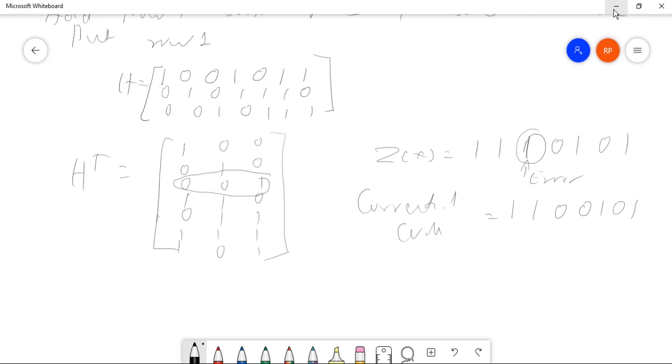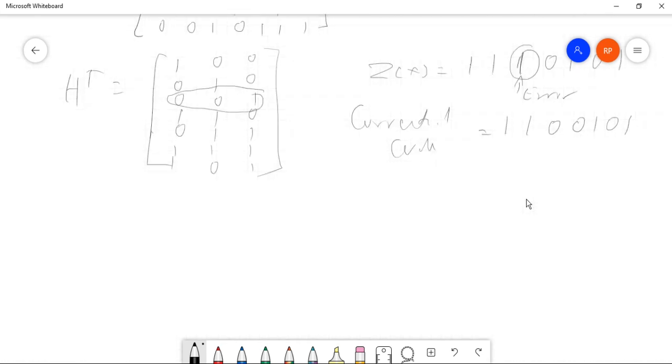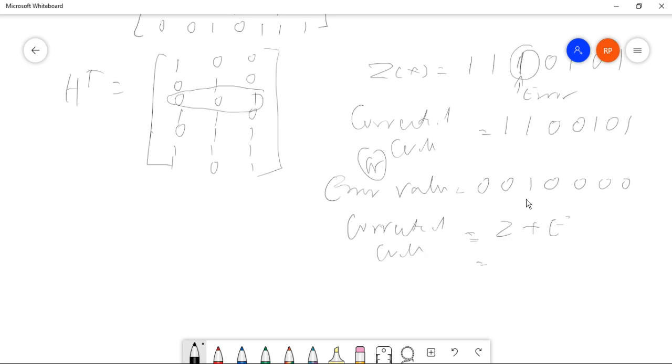Or I can write the error value e equal to the third bit: keep the third bit 1, and keep all the rest zeros. And then the corrected code will be z plus e. What is z? z is the received one, 111 0101.